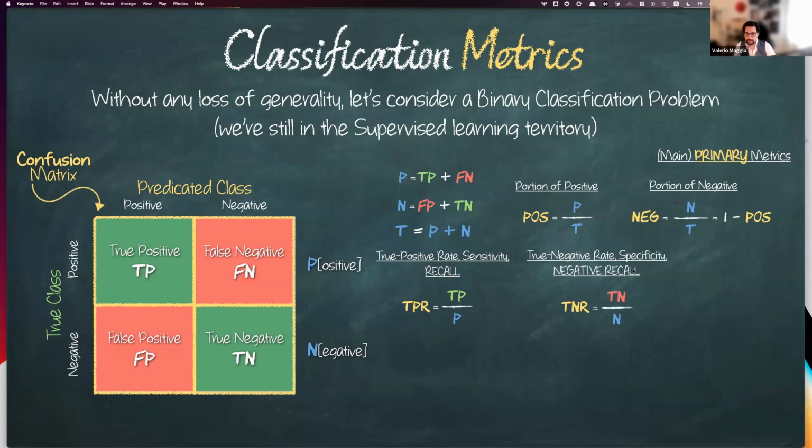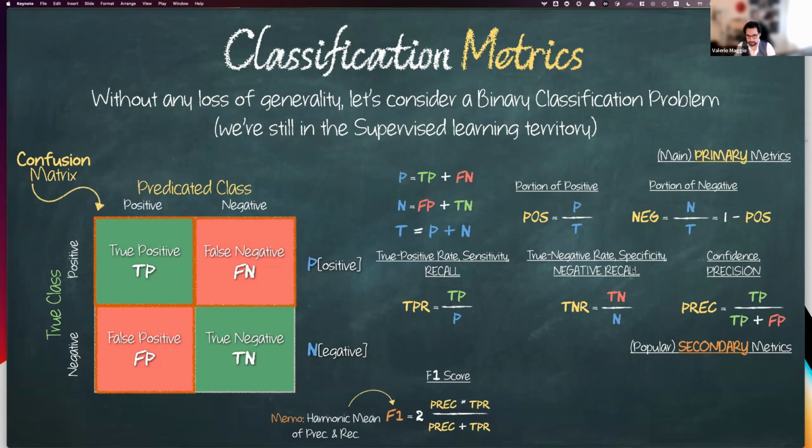I try to highlight in the matrix the squares we are considering every time. In the case of the true negative rate, it's essentially true negative over N. And the confidence, also known as the precision from information retrieval, is the ratio between the true positive over the true positive plus the false positive. Now we get to the secondary metrics. We're not going to cover all of them, just 2 or 3 of them.